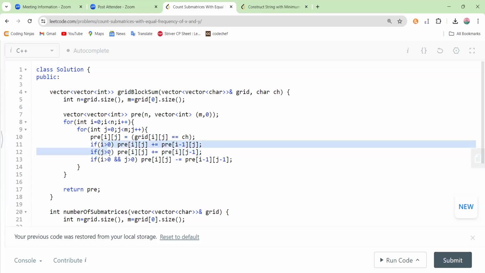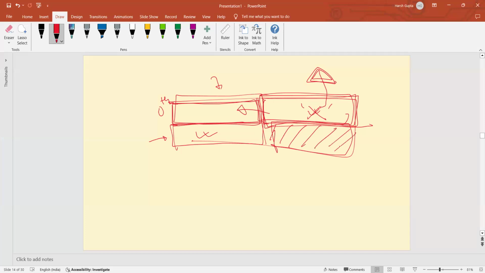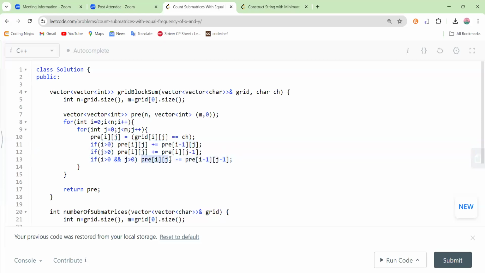Now, if both are greater than 0, like as was for this particular block, the answer for this particular block will get subtracted by the answer of the diagonal left adjacent block, that is the block of coordinate i minus 1, j minus 1. So if both i and j are greater than 0, pre of i of j gets subtracted by pre of i minus 1 and j minus 1.